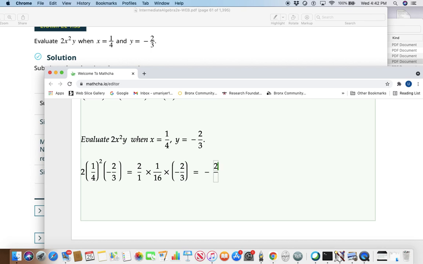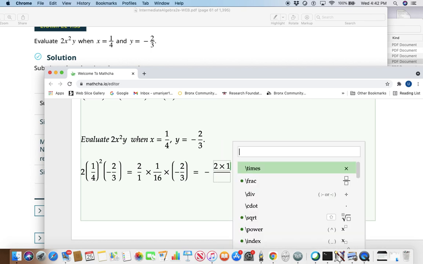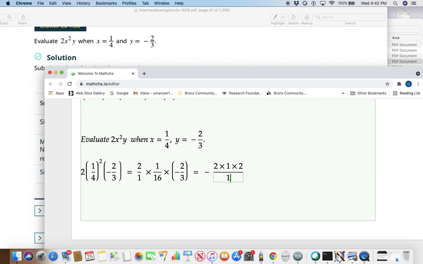It's a fraction. 2 times 1 times 2, over 1 times 16 times 3, and a negative, we took care of it.